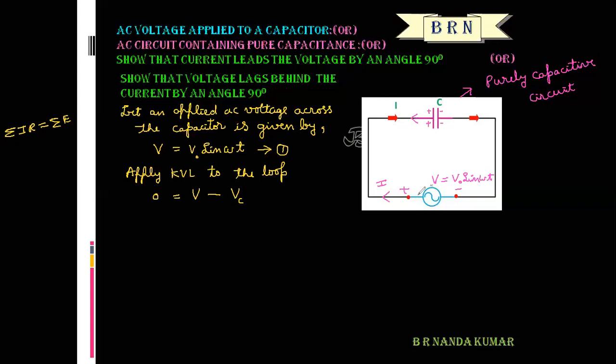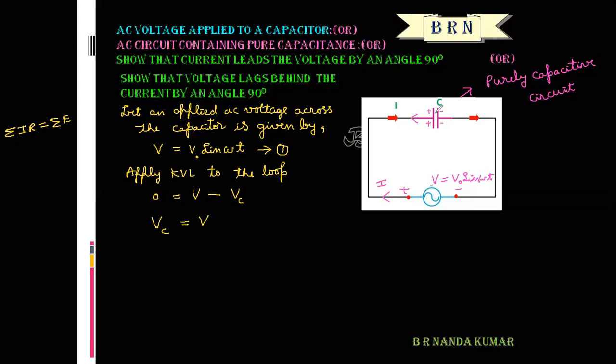The clockwise EMF is taken as positive and the anti-clockwise EMF as negative. If the anti-clockwise EMF is taken as positive, the clockwise EMF should be taken as negative. So 0 is equal to V minus Vc, so Vc is exactly equal to V.